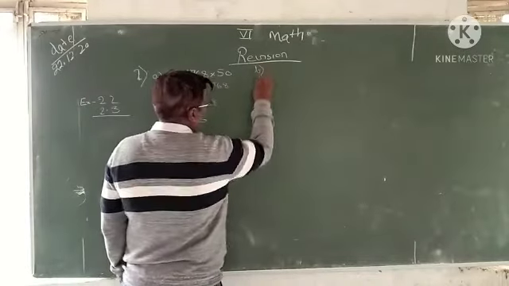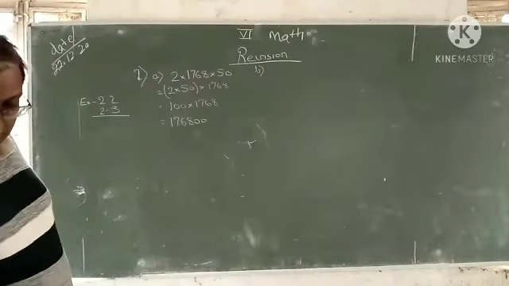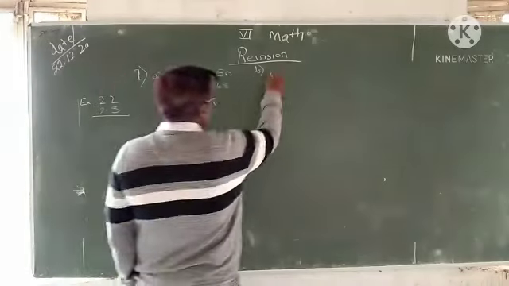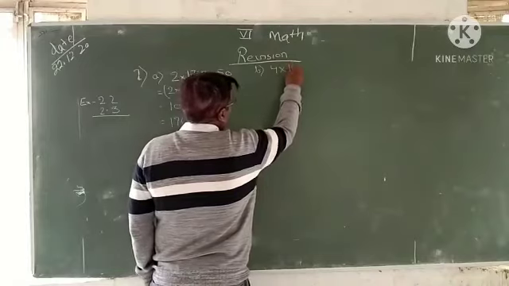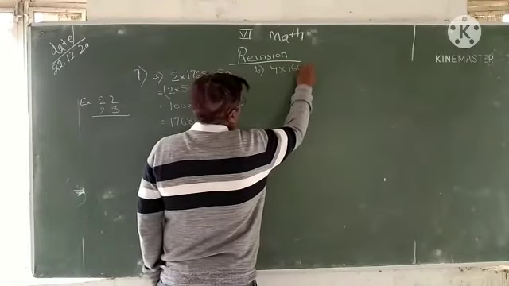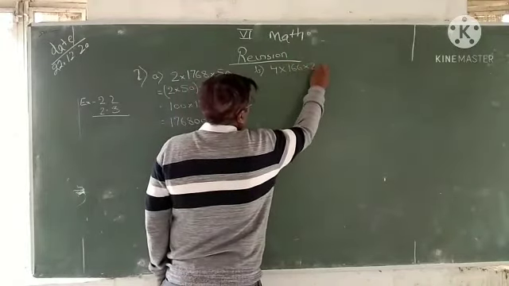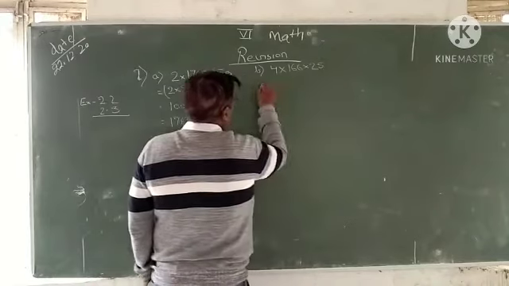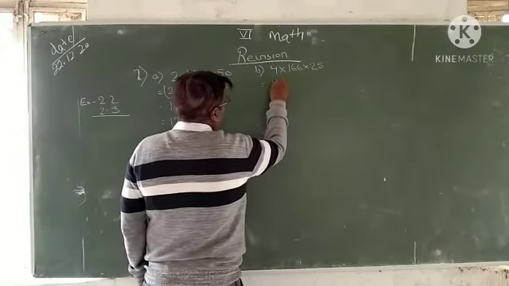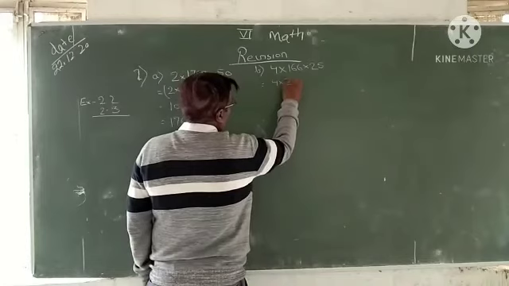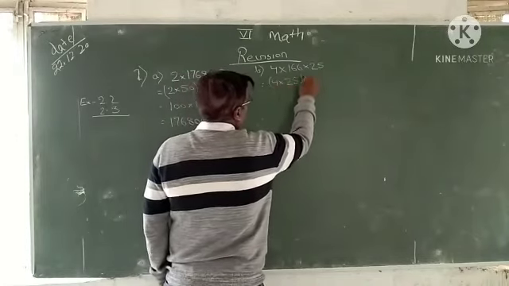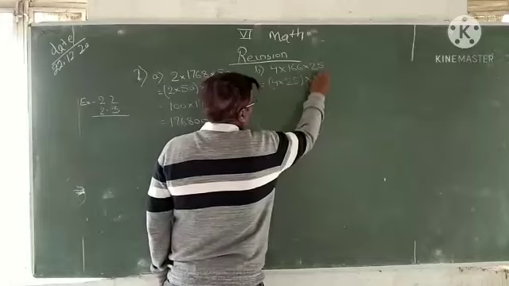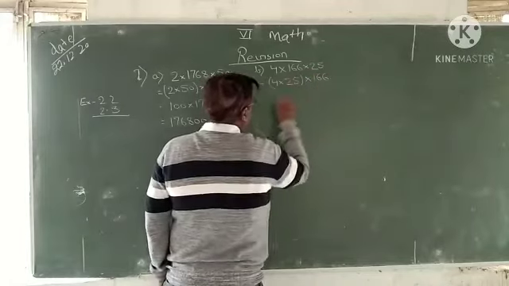Let's try another one. Sum number B says 4 into 166 into 25. Now arrange them to make 100. 4 into 25 is 100 into 166.